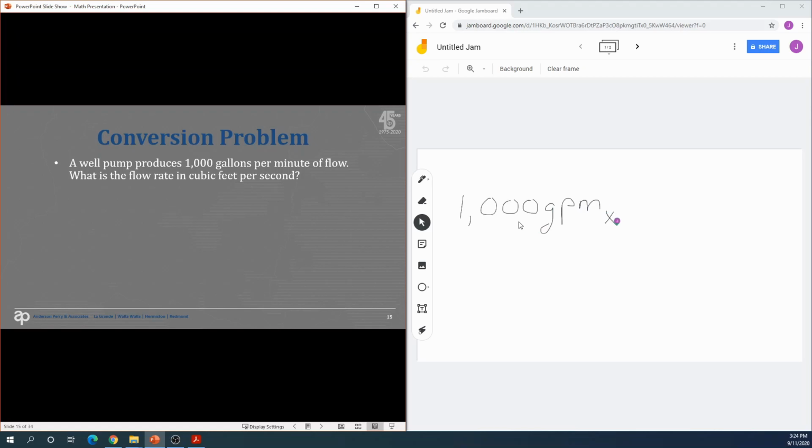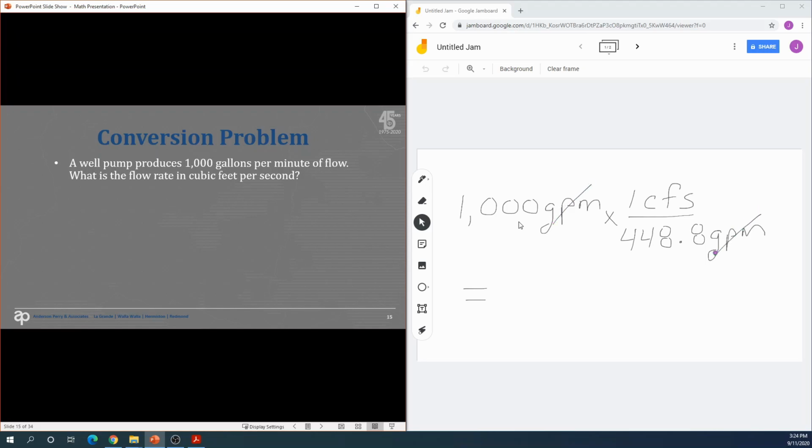And again, our conversion factor is going to be in 1 cubic foot per second, there is 448.8 gallons per minute. So again, always tracking units, gallons per minute is going to cancel with gallons per minute.